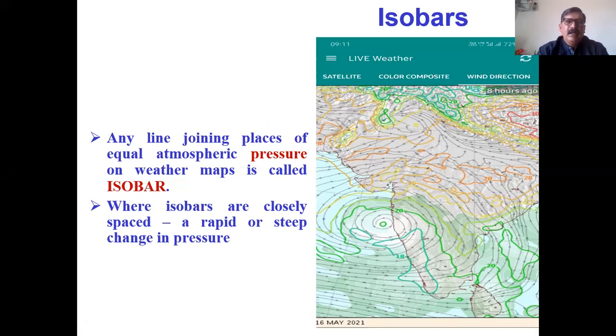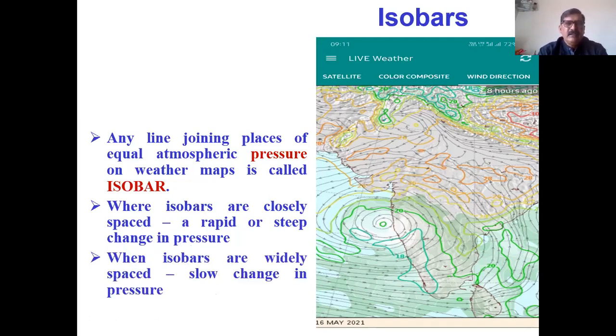Isobars that are closely spaced indicate a rapid or steep change in pressure. You see here the two isobars close together, and keep in mind that isobars never cross each other.